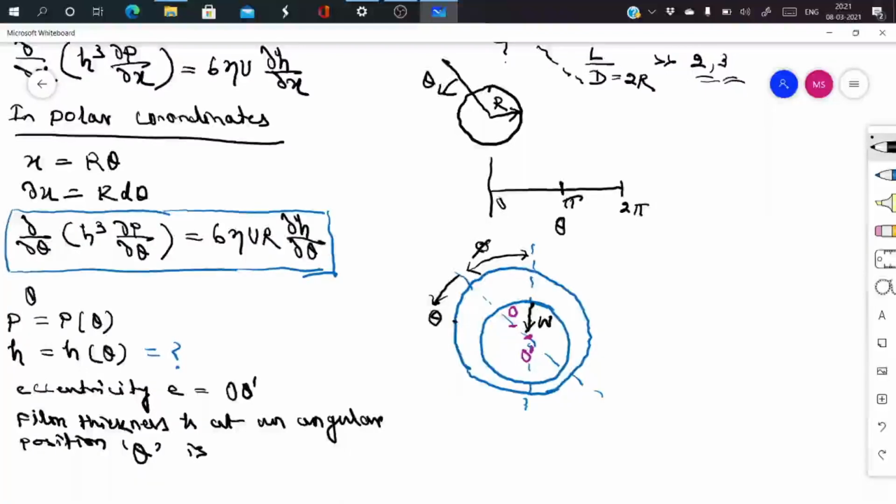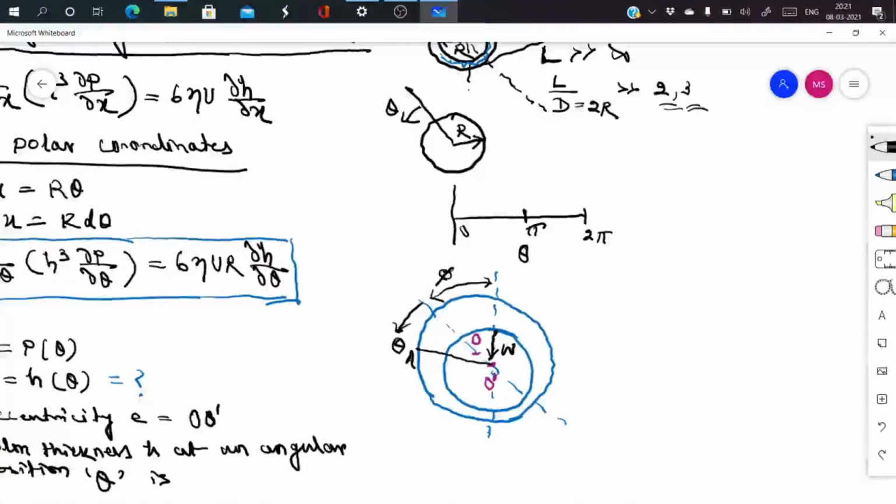Then the film thickness will be, let me name the points A, this is B, this is O dash.